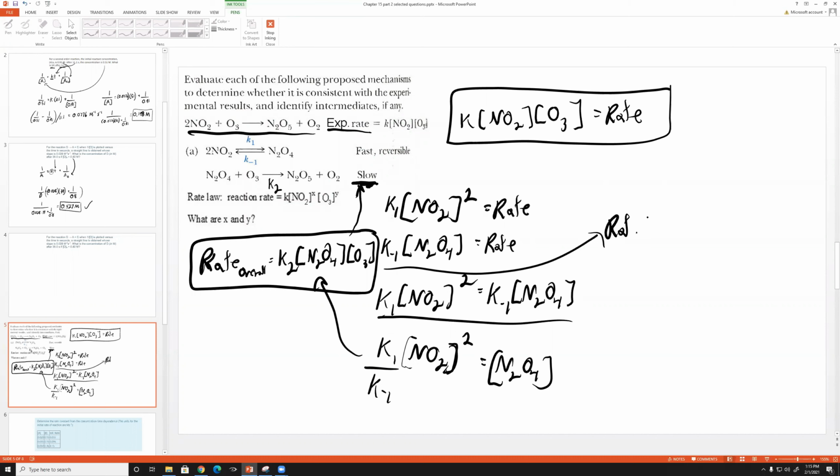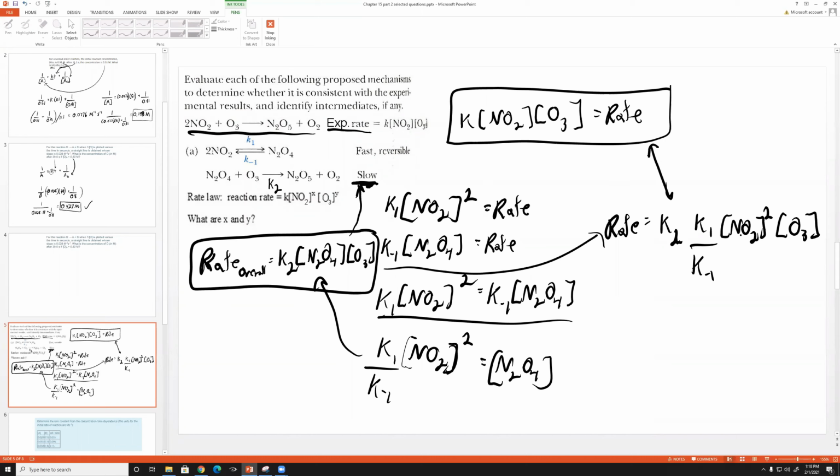So our rate would equal k2 times N2O4. Now N2O4 is k1 over k minus 1 times NO2 squared, times O3.